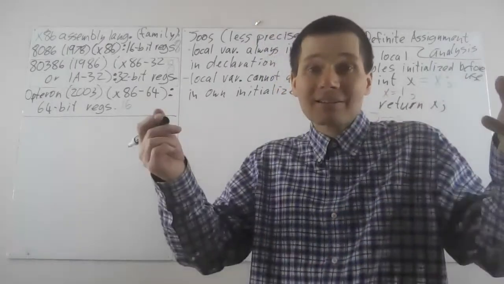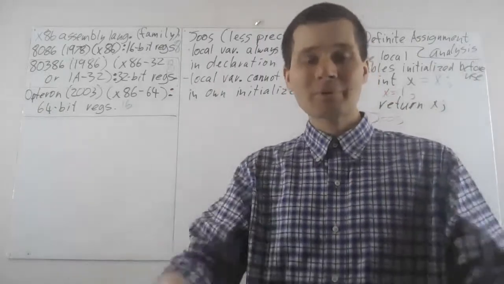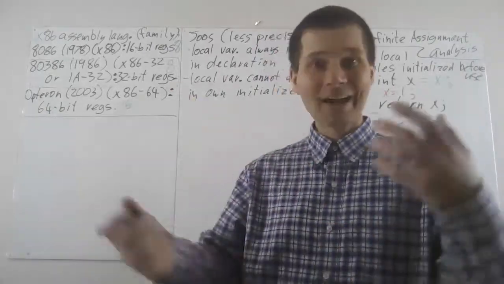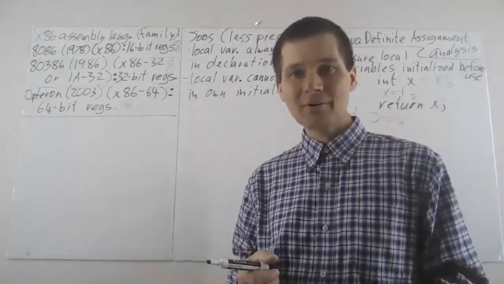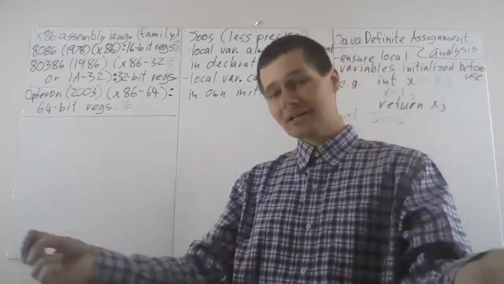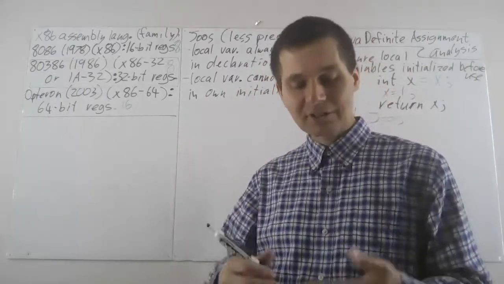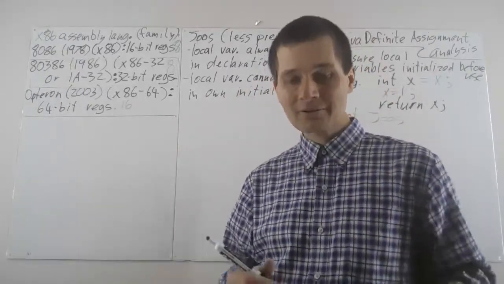So if you wanted to create super hyper optimized code that takes full advantage of all the complicated features of modern hardware, then yes, there's a lot of instructions. But for our purposes, there's not too many.